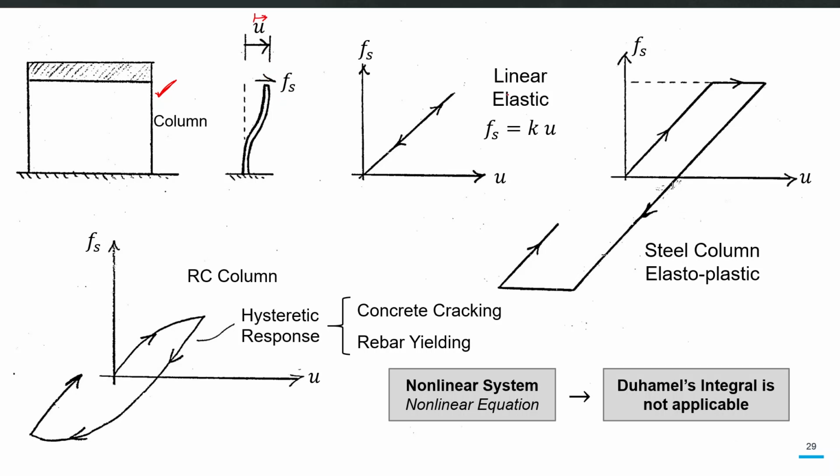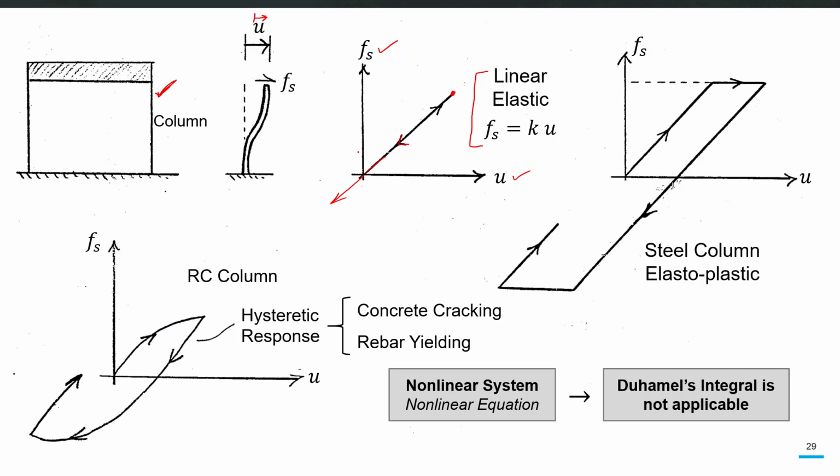So for the linear elastic case, Fs is equal to Ku, the relationship between Fs and u will remain linear or a straight line forever. At any point, if we reverse the direction of loading, the behavior will follow the same line back, and it will come back to origin, and maybe it can go to the other direction also if the loading continues in that direction.